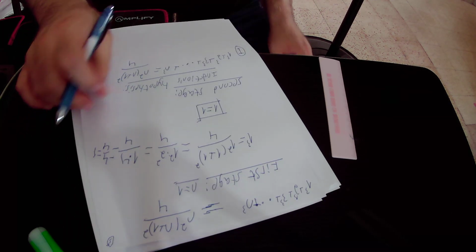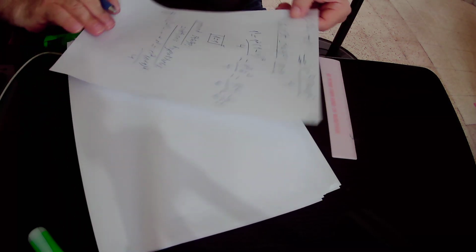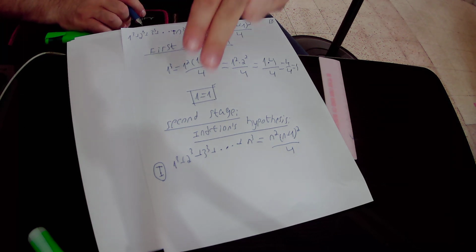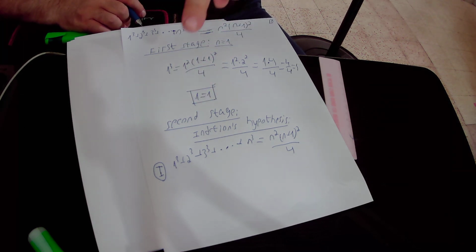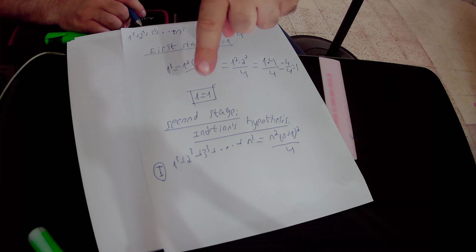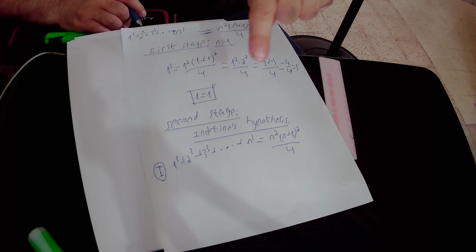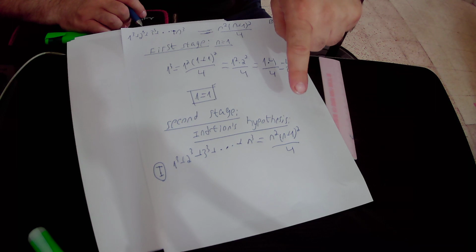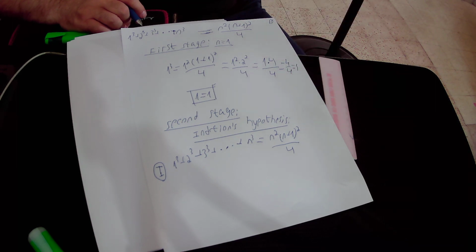So our induction hypothesis will be that actually this statement is true for n. That is to say, 1 to the power of 3 plus 2 to the power of 3 plus 3 to the power of 3 plus ... plus n to the power of 3 equals n squared times n plus 1 squared, all divided by 4.